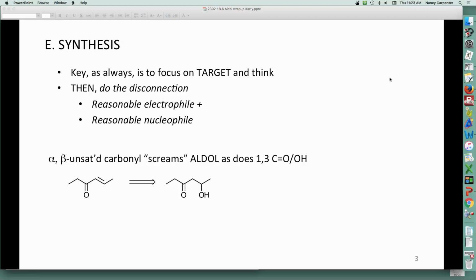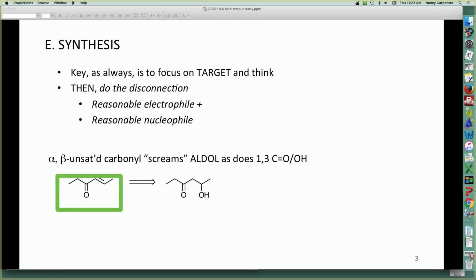So, for example, if I see this target, I'm going to say, aldol city, man, because I know that conjugated double bond very easily can form from an E1CB mechanism where I lose water across that 2,3 carbon.